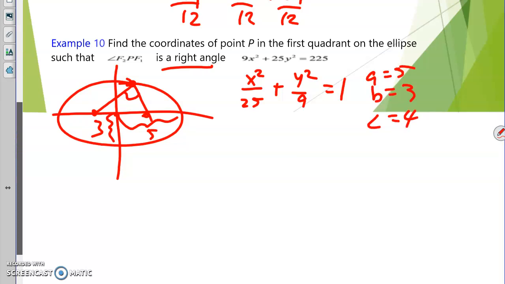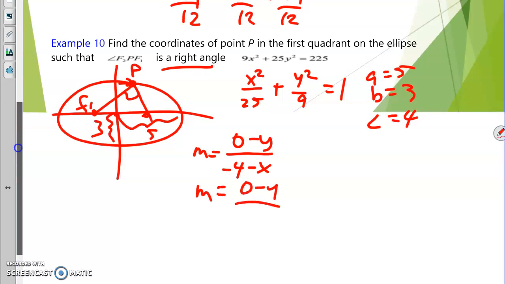And if I find the slope from my foci to this point, I get 0 minus y over -4 minus x. That's the slope of that one. If I do the other one, I get 0 minus y over 4 minus x.